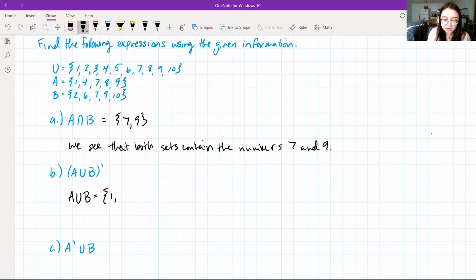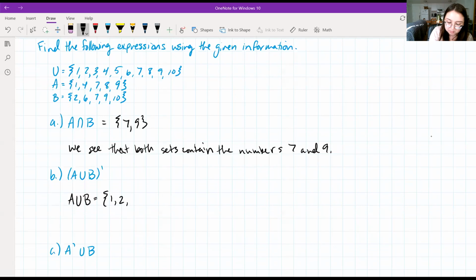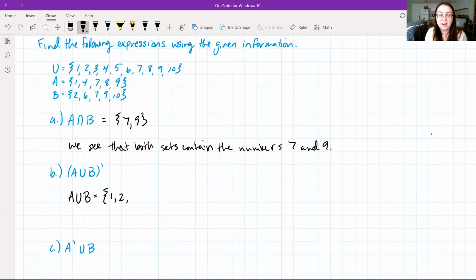So we have 1 is in A, 2 is in B, 3 is not in either, 4 is in A, 5 is not in either, 6 is in B, 7 is in both, 8 is in A, 9 is in both, and 10 is in B. So now we have this set that's 1, 2, 4, 6, 7, 8, and 9.